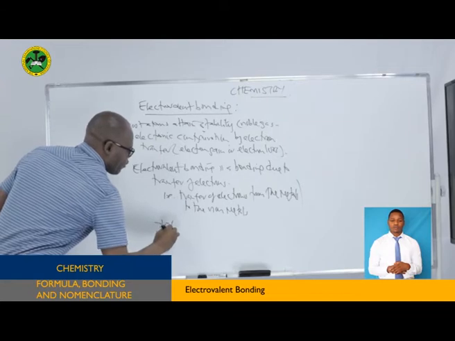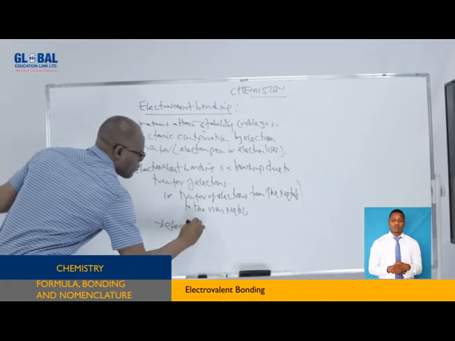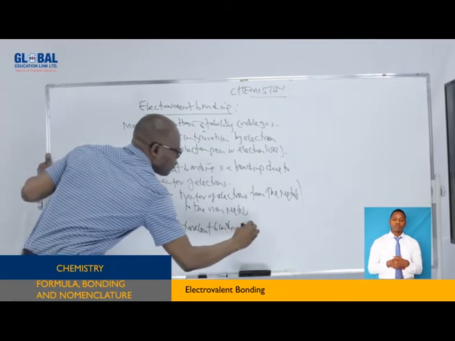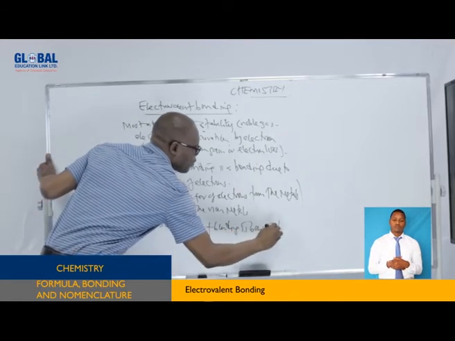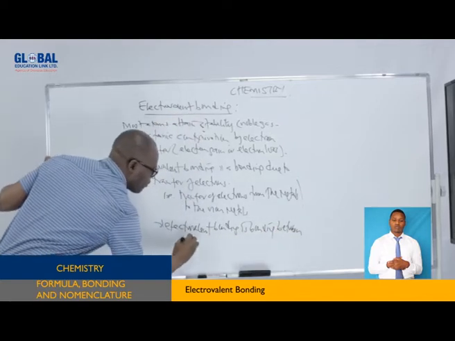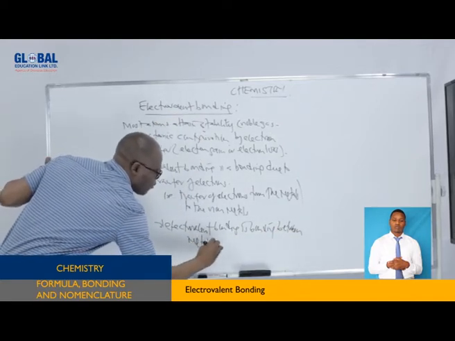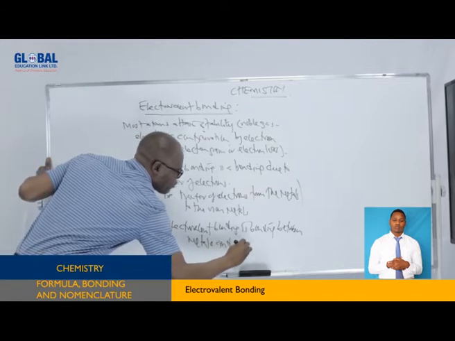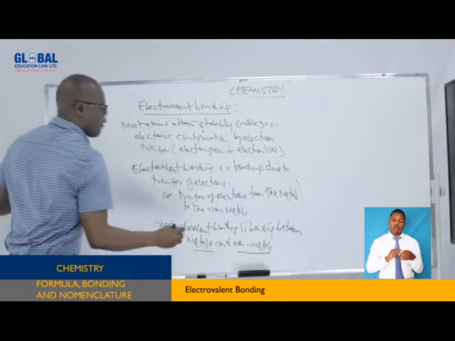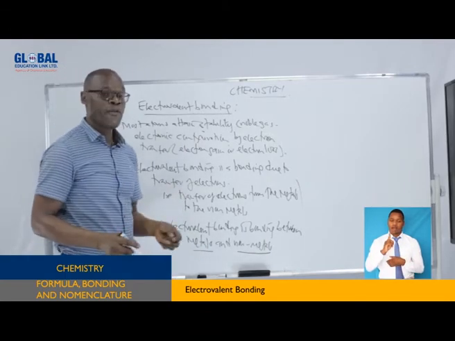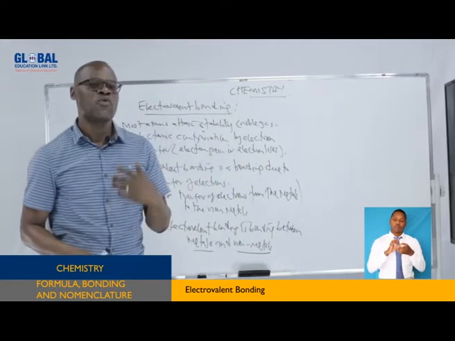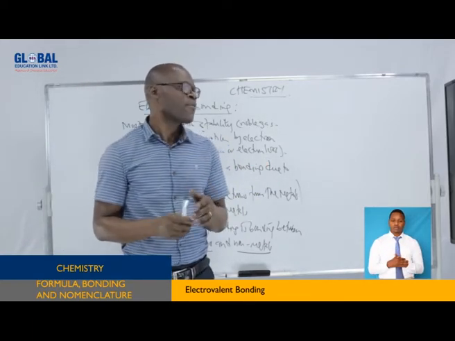So electrovalent bonding is a bonding between metals and non-metals. Electrovalent bonding is the bonding due to transfer of electrons, and also we can conclude by saying it's a bond between a metal and a non-metal.